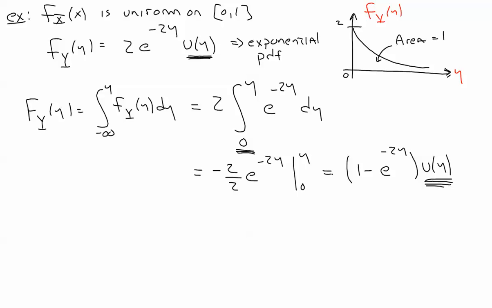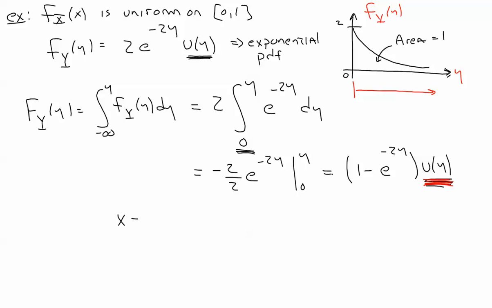So, the reason that my cumulative distribution function in y has to have the step function is because y is never less than 0. Y is always a positive value. So now we know what the cumulative distribution function is.